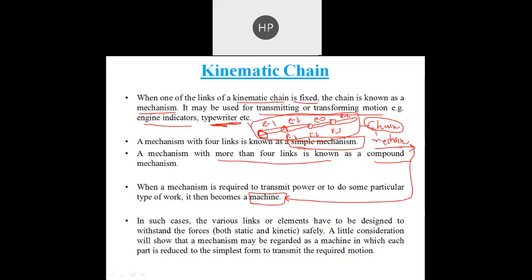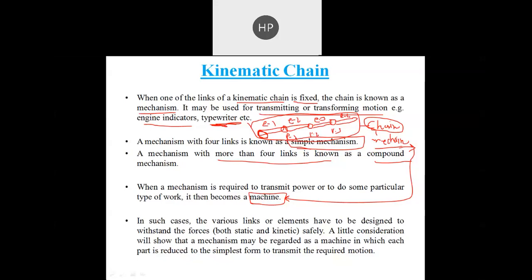So from a single element to the machine: individual element, then from element to pair, from pair to chain, from chain to mechanism, and from mechanism for a particular task, it is known as a machine. That is why it is important to start from the basics, the single element. If you know the basic concept of that element and continue step by step, you will be able to get the desired quality that you require in the machine.